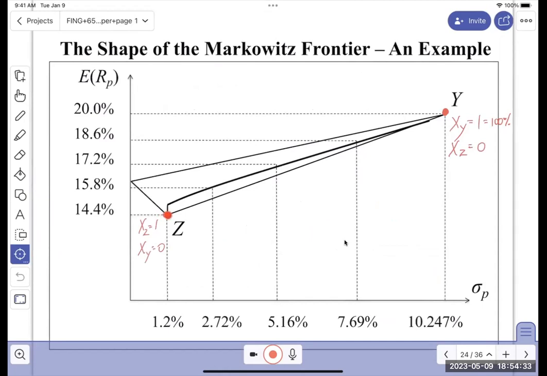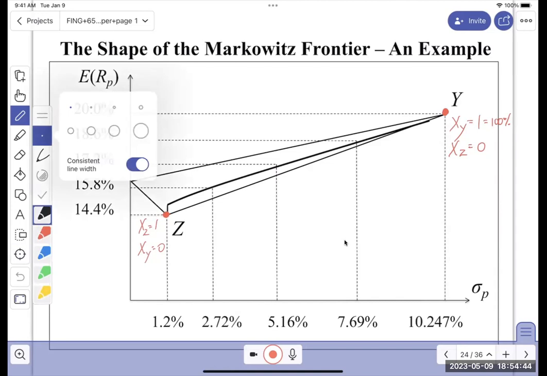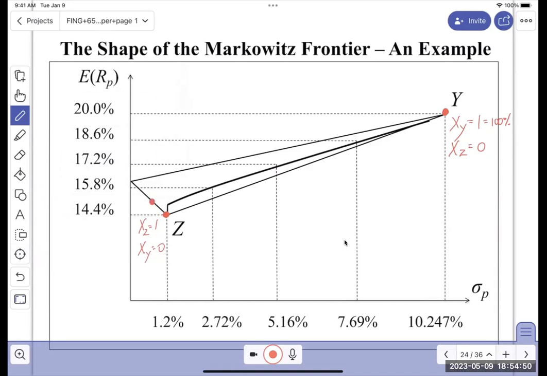And so if we start here with 100% in Z and nothing invested in Y, and then we consider adding some Y, we can move up. I'm not going to put the number, but this has more of Y in it than 0. And we start moving up.